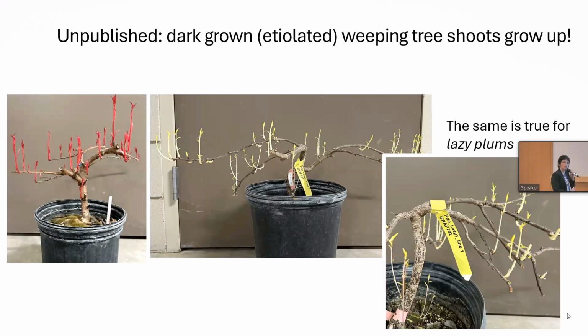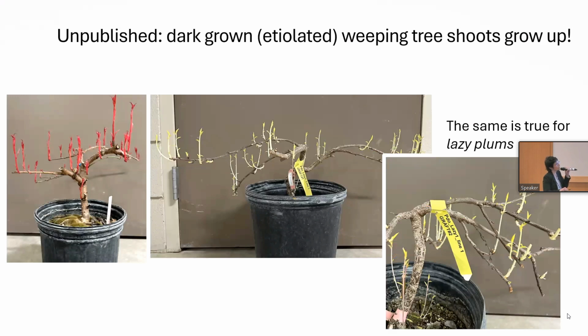But they only need a certain amount of cold. So if they're in the cold room for a very long time and you don't have room in your greenhouse and you keep them in there for a long time, they will eventually start to grow, especially if it accidentally warms up. And we found that both in the red leaf and the green leaf weeping trees, when they started to grow in that dark cold room, they grew straight up.